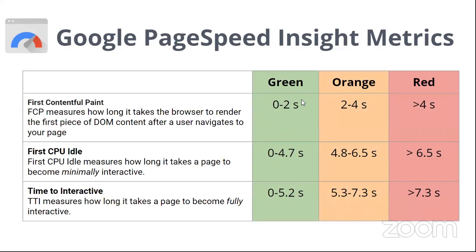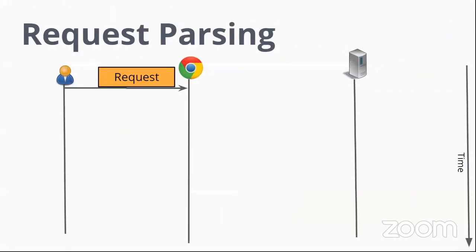Any website that loads within the first 2 seconds is considered good in Google's terms, and if it takes more than 4 seconds, it is going to impact your SEO rankings and your SEO strategy as well. So we'll always try to focus on this number, and always try to reduce the initial load so that it loads faster.